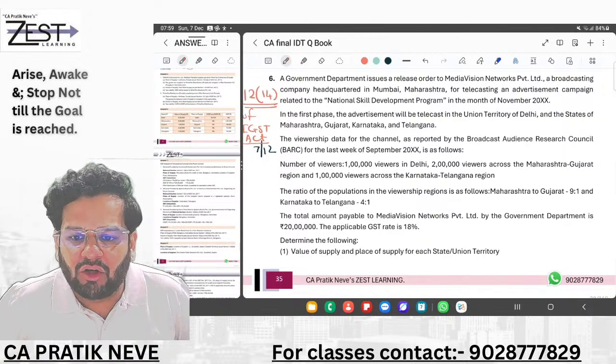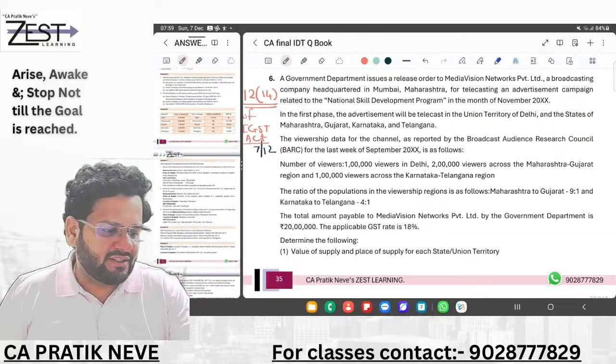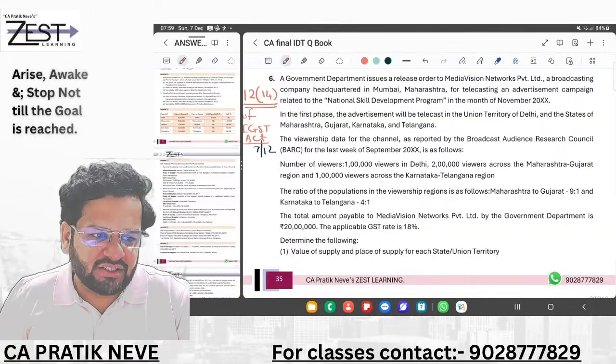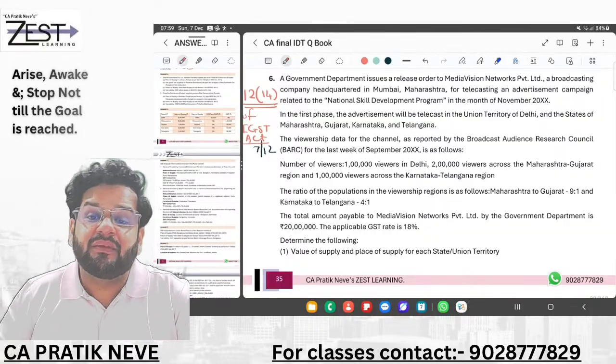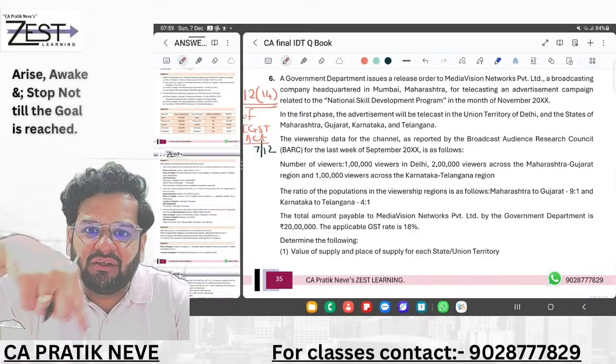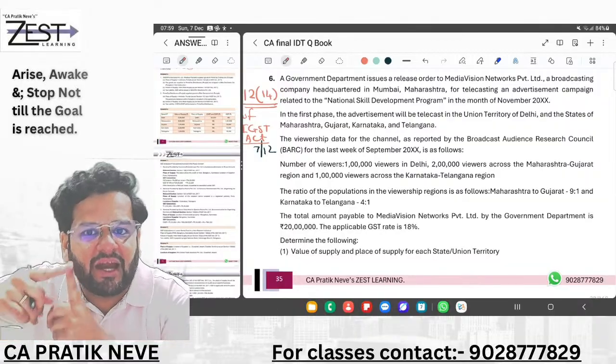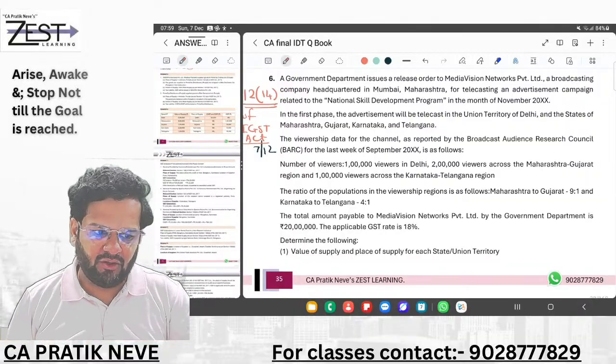That's why what will be place of supply in such cases is very interesting to know. In such cases, place of supply is each of the states where the dissemination, that is spreading of information, happens via such advertisements.